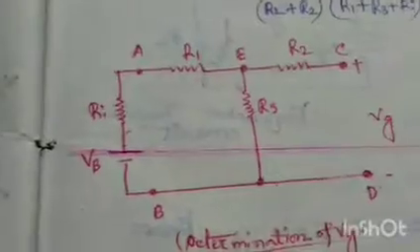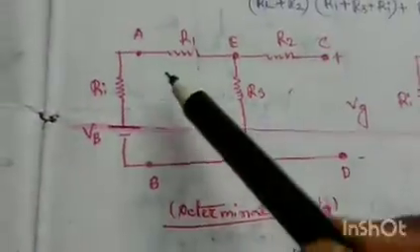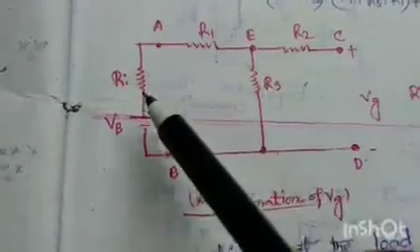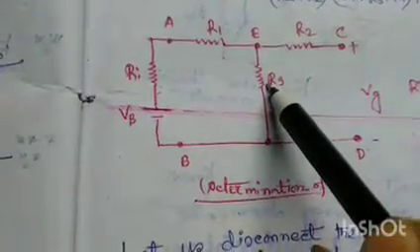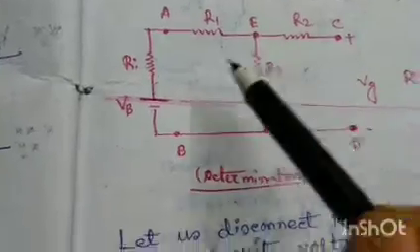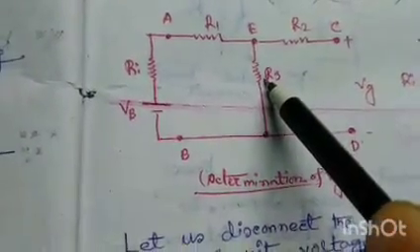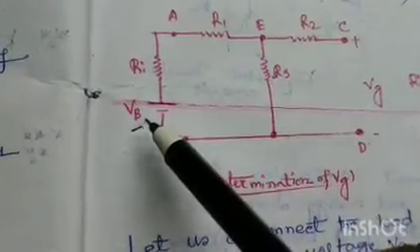So for calculation of VG, first we calculate the current through this loop. These three resistances are in series, so equivalent resistance should be Ri plus R1 plus R3, and the voltage is Vb, the battery voltage, generated voltage.